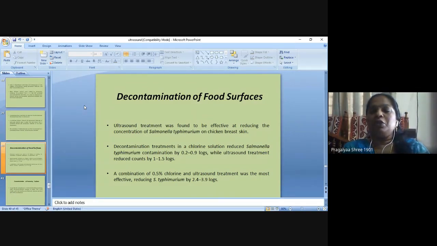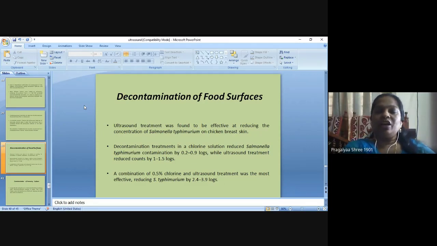Microorganisms cannot penetrate to the inner layer; they will be found mostly on the outer surface. That's why surface decontamination is mostly sufficient for food substances. Hence this ultrasound treatment is effective in reducing the concentration of Salmonella found on the surface of the chicken breast skin.